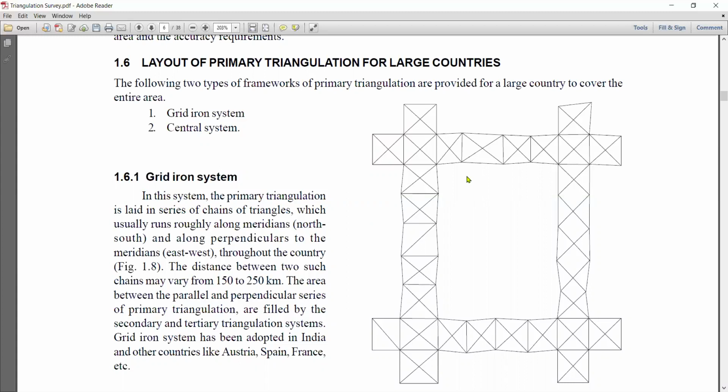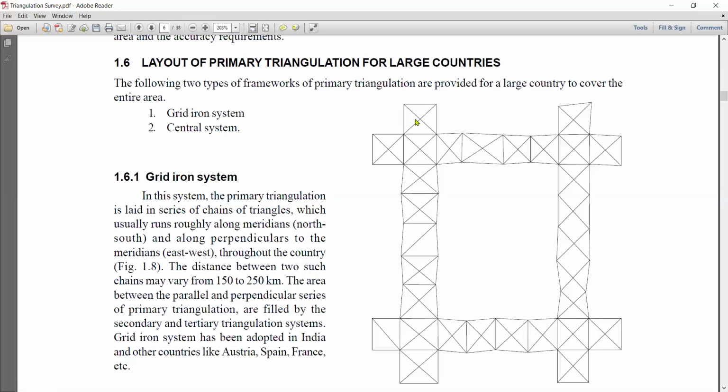Throughout the country, the distance between two such chains may vary from 150 to 250 kilometers. It means from one end to the other end we can choose a distance of 150 to 250 kilometers. The area between parallel and perpendicular series of primary triangulation is filled by the secondary and tertiary triangulation systems.